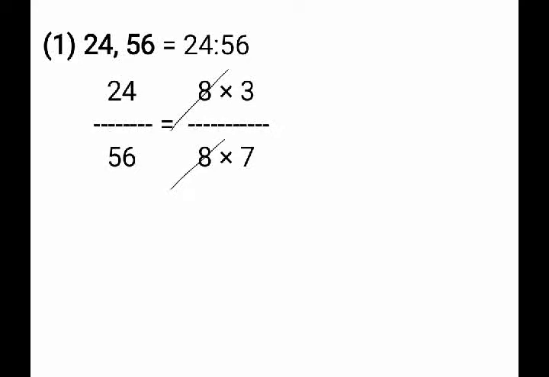If you are dividing any number by the same number, you are getting the quotient 1. So that's why you have to cancel. So what will remain now? 3 upon 7. That is equal to 3 upon 7 is equal to 3 is to 7. After getting the answer, you have to write finally ratio form.